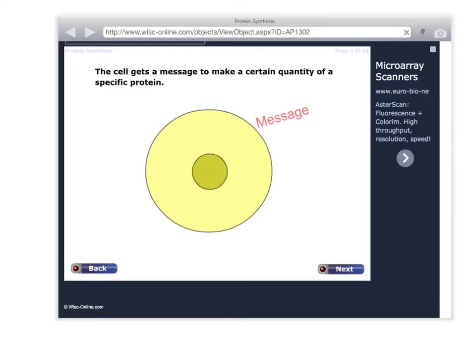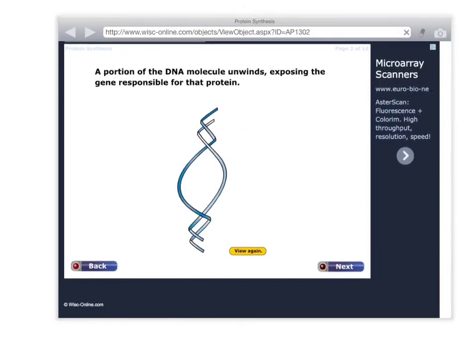So what happens is your cell gets a message to make a specific protein and to make a certain quantity of it. Once the cell gets the message, the part of the DNA that is responsible for that protein will unwind or unzip itself. So if you look at it again, the part of the DNA that will unzip itself is the one responsible for that protein.